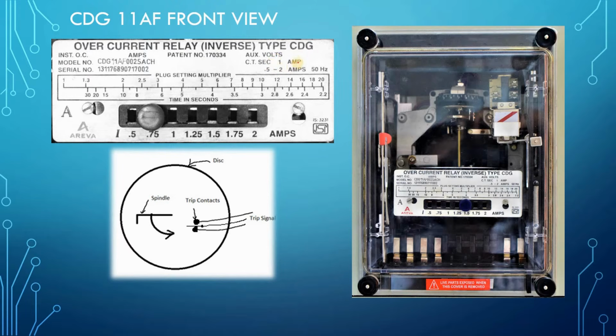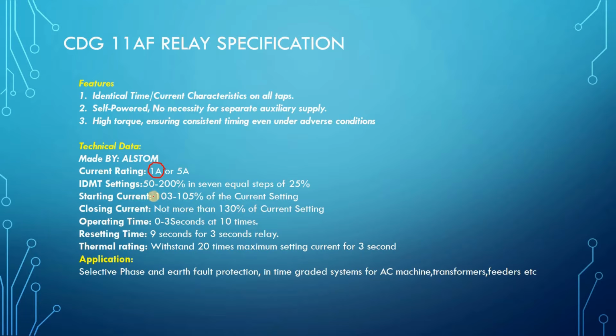So the current rating is the CT secondary, and the current setting is the plug setting, that is the pickup current, nothing but the current setting. Here you can also see 20 is written as maximum. That means if you give 20 times the current, the relay can withstand it for 3 seconds maximum. Above 3 seconds, what will happen? It may get damaged. So that is the thermal rating we should consider when we install the relay in the field.